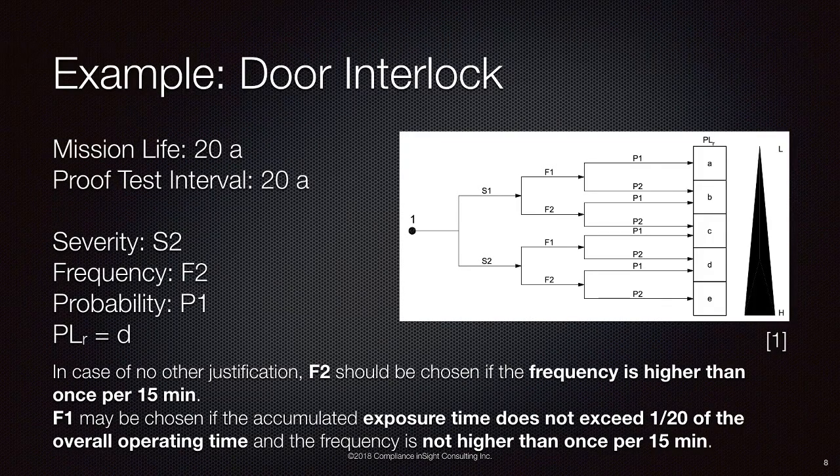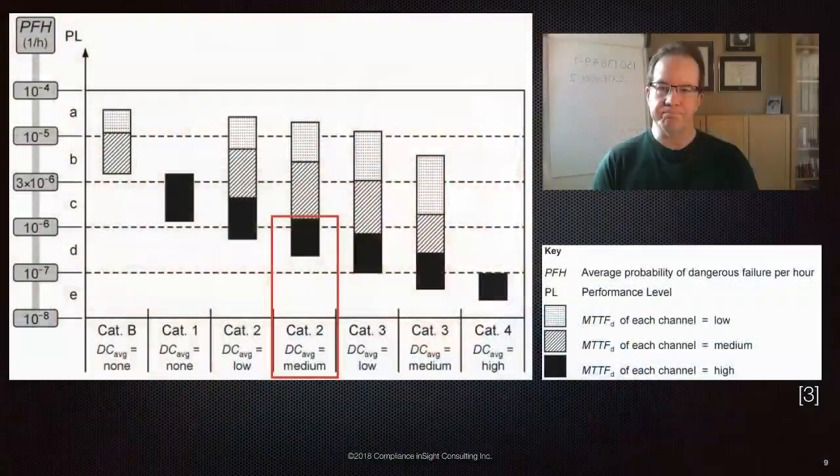So that's how, using the performance level selection chart in Annex A, we get to that value. So the next thing we have to do, now that we know what we're looking at, is we need to look at Figure 5 in the standard. And actually, in the next example slide, I pulled the figure from a different source, but basically it's the same.